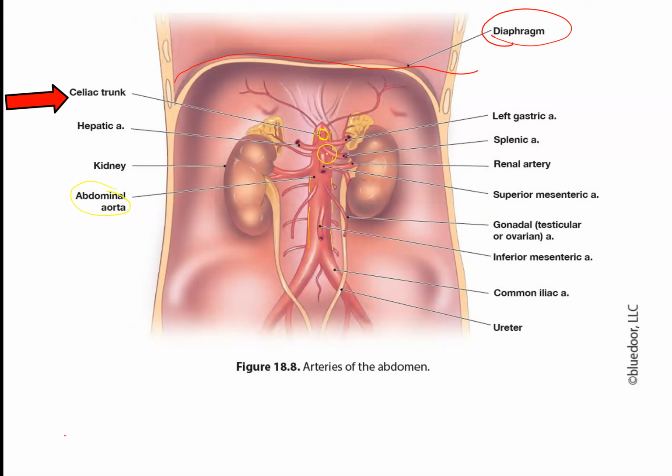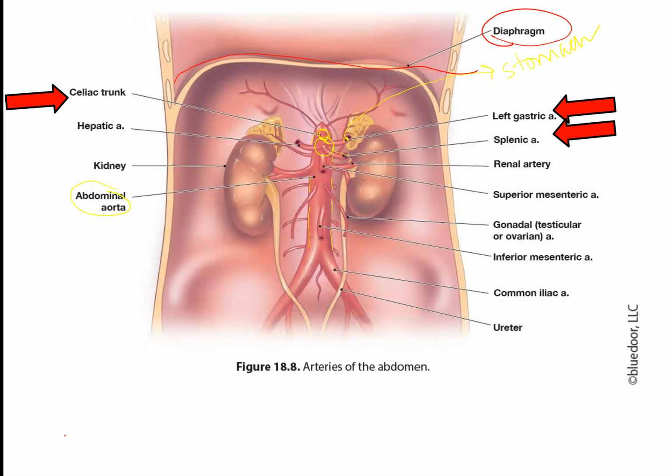Coming off of that, you have 3 branches as well. One of those is called the left gastric artery. That's coming over here, from there to there, and that's going to be going to your stomach. You also have the splenic artery.